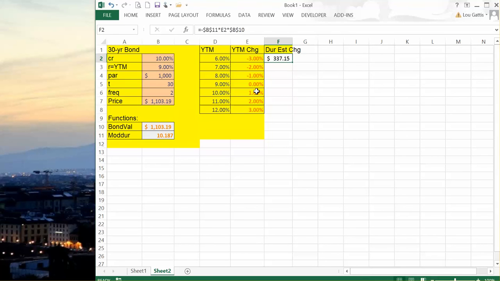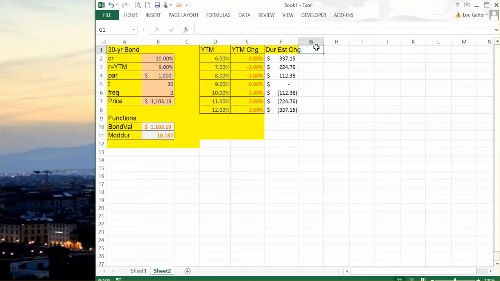I expect to gain $337, or lose $337 if rates are plus or minus 300 basis points. And we can see why this makes sense. This modified duration, 10, tells you that if rates are plus or minus 100 basis points, you'll lose or gain 10%. So for 300 basis points, we expect to lose or gain 30%, or about $300.